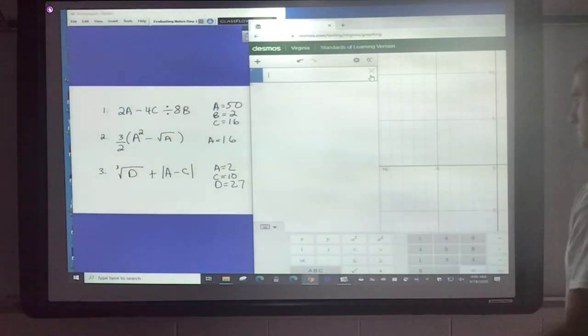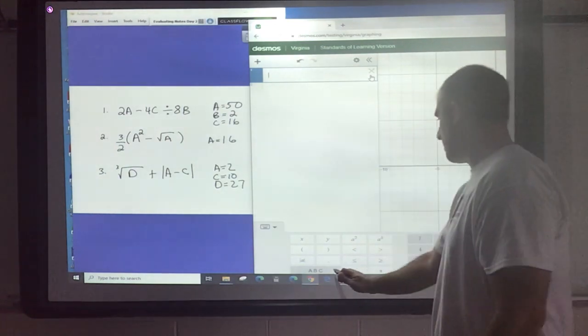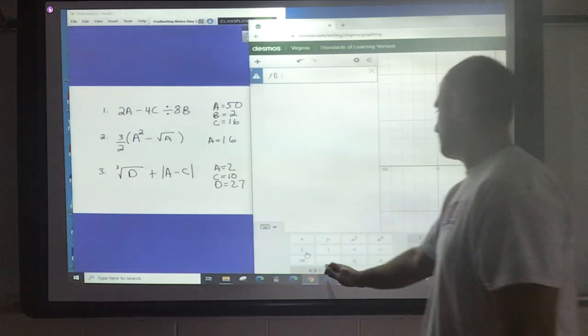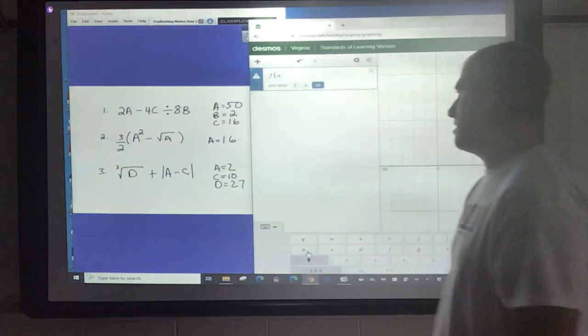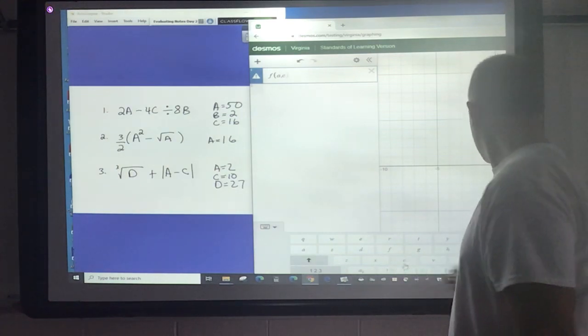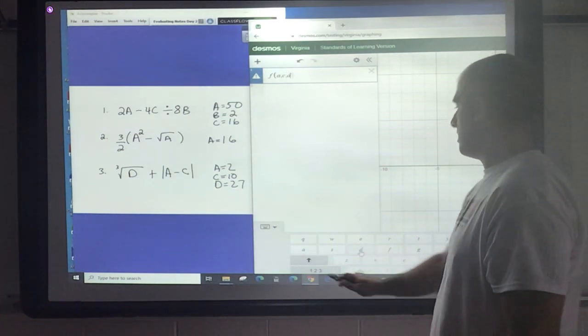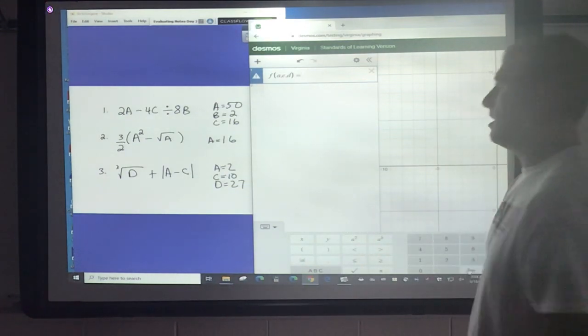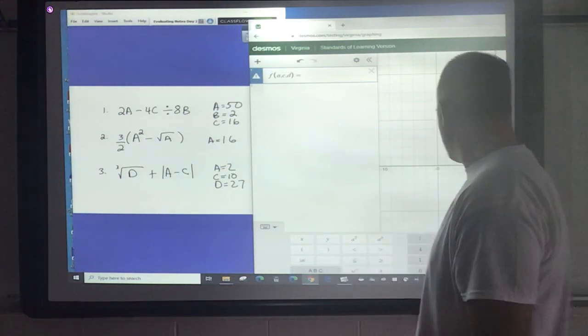So I got A, C, and D. Function, parentheses, A, comma, C, comma, D. Close the parentheses. Equals. My function here is cube root.